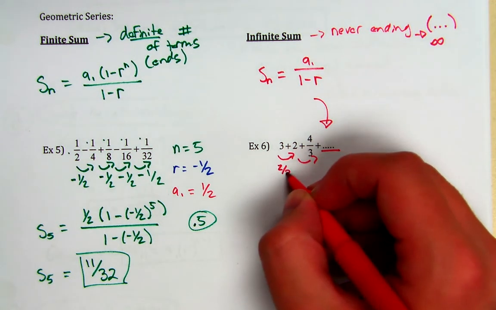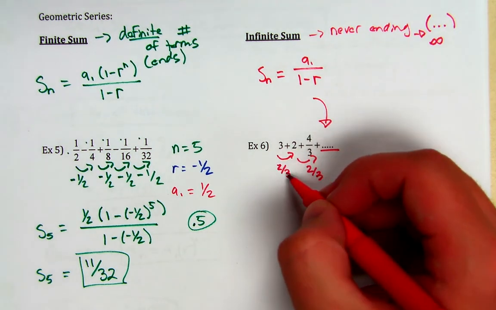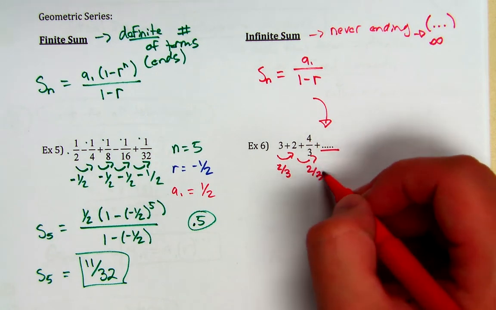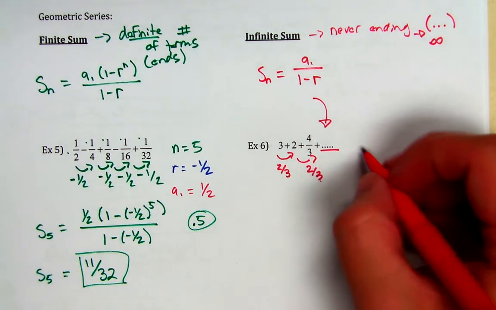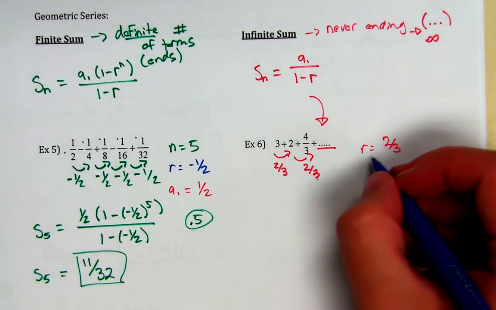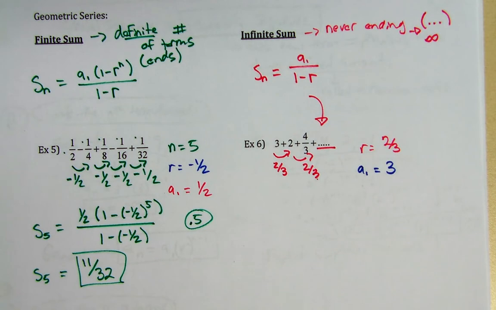So let's try 2/3. So 2/3, 2 times 3 is 6, divided by 3 is 2. 2 times 2 is 4, divided by 3 is still 3. So r equals 2/3. a1 equals 3, and that's all we need.